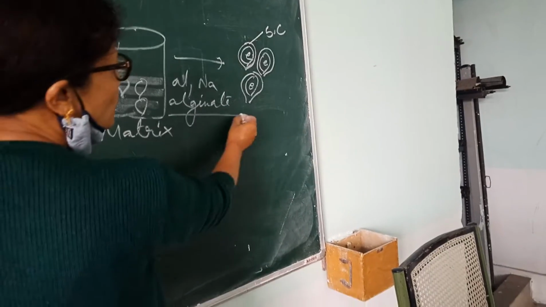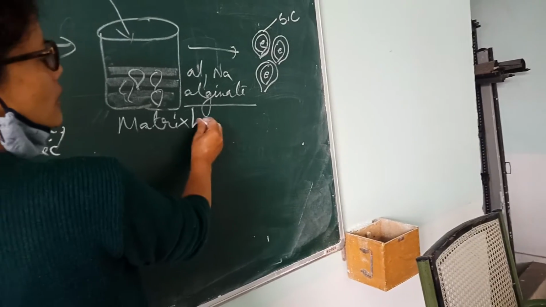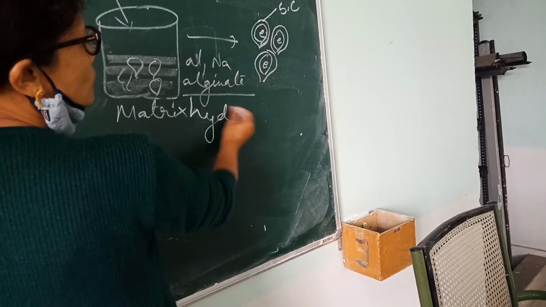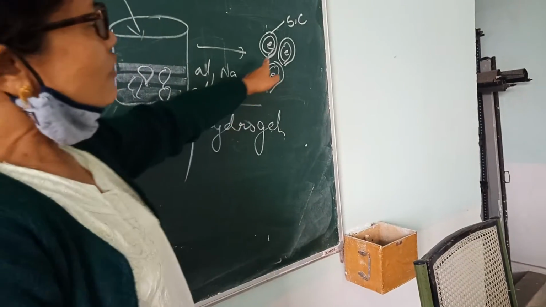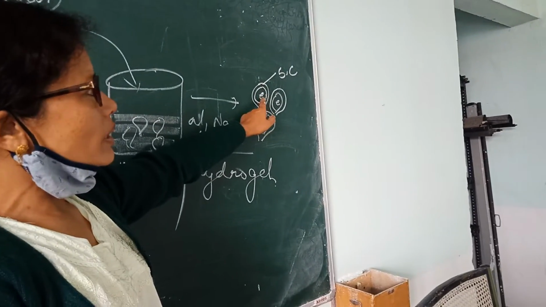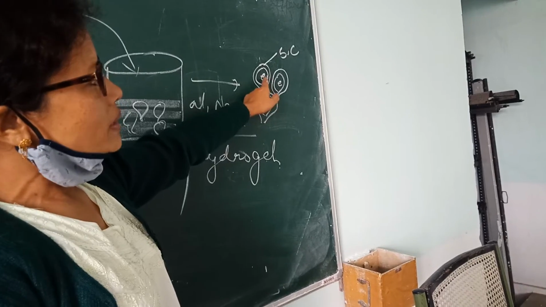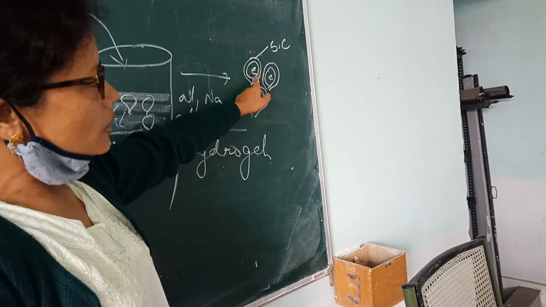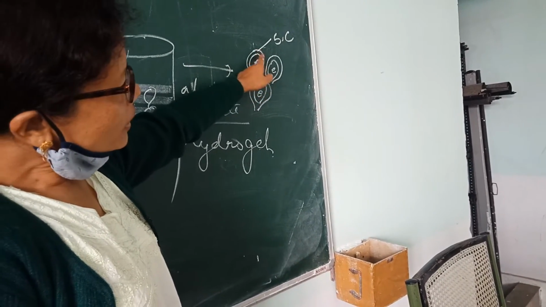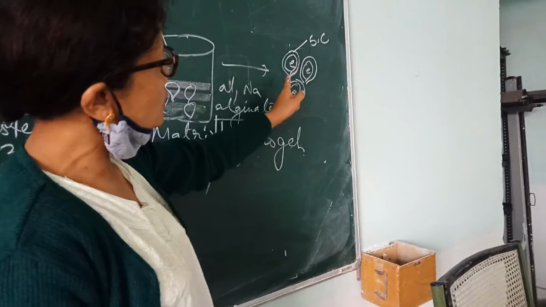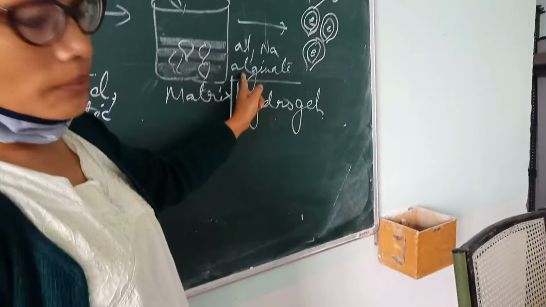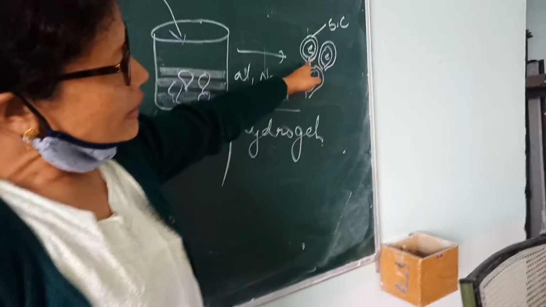So these are known as hydrogel. They are known as hydrogel because they feed the embryo inside by keeping it moist and by supplying nutrients to it. The moment these embryos are fully enveloped, fully coated by this sodium alginate mixture, they can be stored.